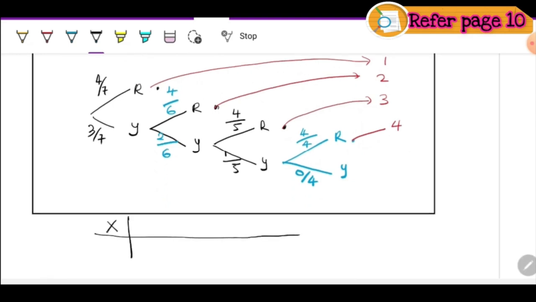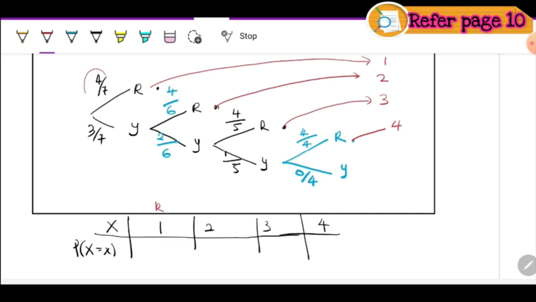So for the first row, we write the X, which is the number of towels. So start from 1, 2, 3 until 4. And the second row is for the probability. 1 means the total number of towel is 1, which is red.